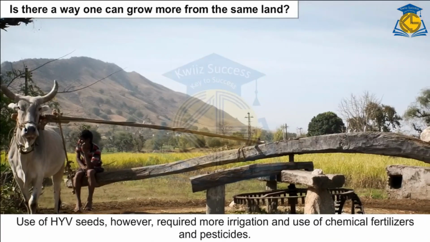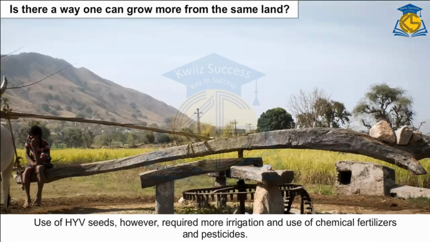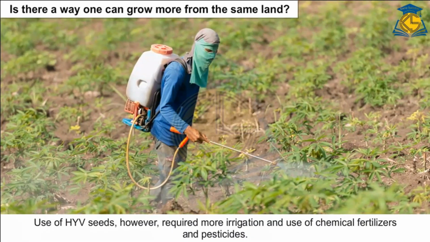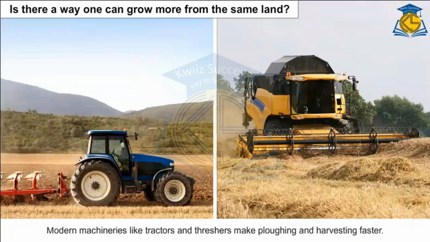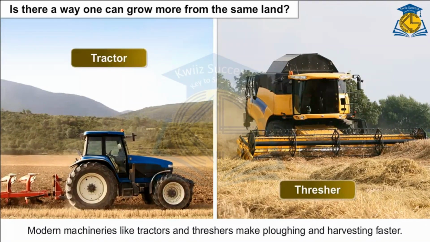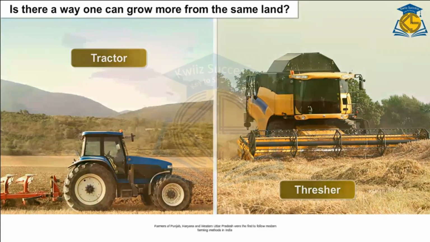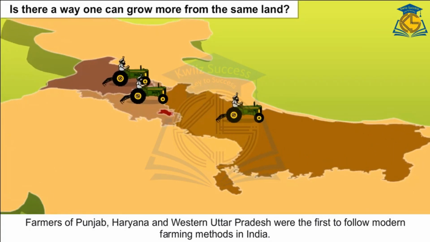Use of HYV seeds, however, required more irrigation and use of chemical fertilizers and pesticides. Modern machineries like tractors and threshers make ploughing and harvesting faster. Farmers of Punjab, Haryana and western Uttar Pradesh were the first to follow modern farming methods in India.